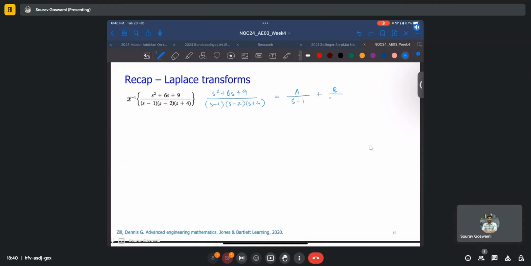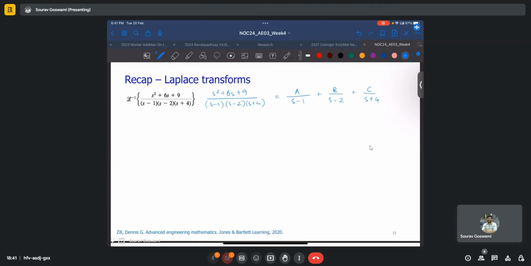Of course, one brute force method to calculate this would be to multiply all the terms, simplify them, equate the coefficients of s square, s, and constants on the left hand side and the right hand side, and find them out. However, it's not the most efficient method.